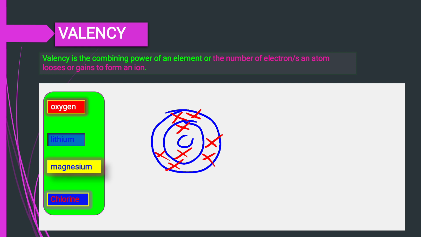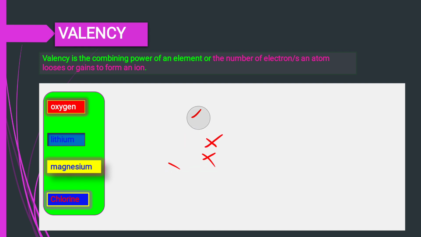So the number of electrons oxygen requires to form an octet state is what we refer to as the valency. Remember, when we speak about the valency, it can easily be got from the electron configuration. Let's look at this example.